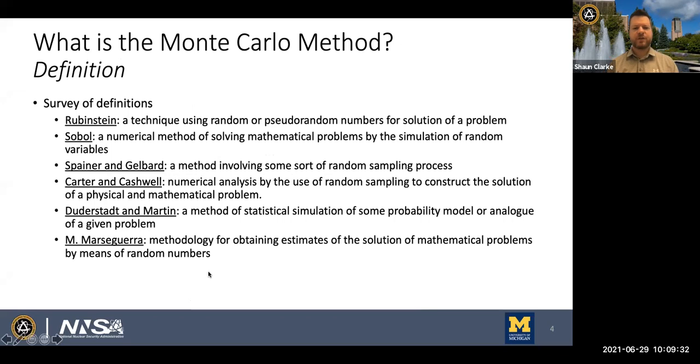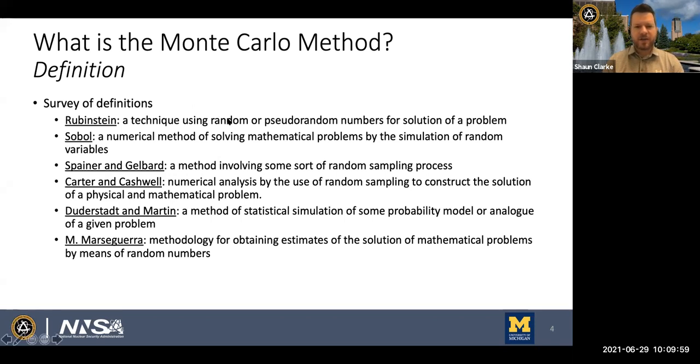So here's a survey of some definitions. I just grabbed several popular textbooks. Apologies, I don't have the full references here, but if you just type the author's name here that's underlined in Monte Carlo, I'm sure you can find many of these references online. They're very common. And if you take a look at them, and I'm not going to read them all to you, but if you just survey them visually, you can see several common themes in these definitions.